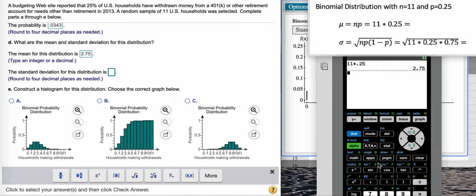And then for the standard deviation, the square root of n, 11, times p, which is 0.25, times 1 minus p, and 1 minus 0.25 is 0.75. I end up with a standard deviation, rounded to 4 decimal places, of 1.4361. So that's my mean and my standard deviation.